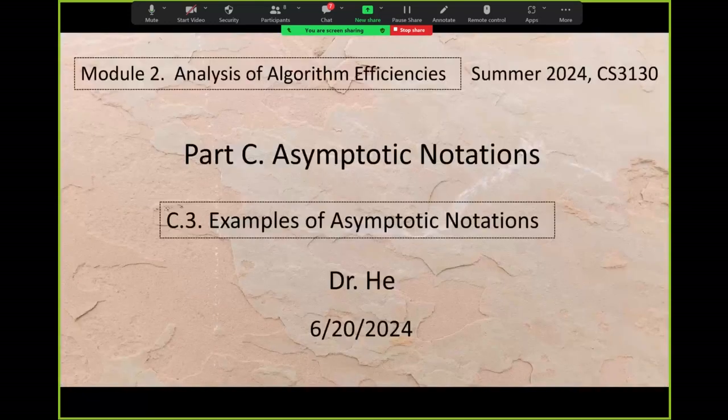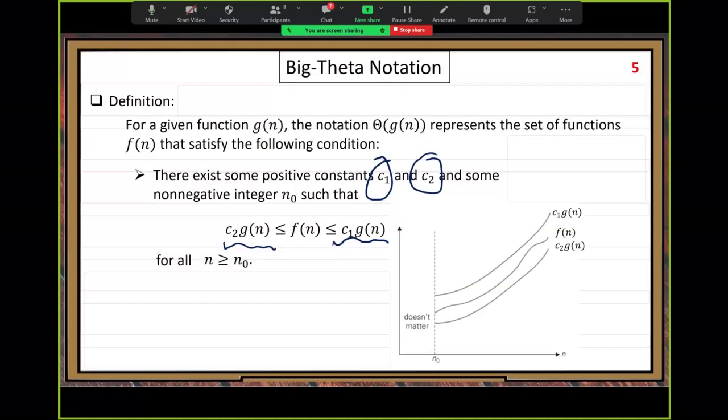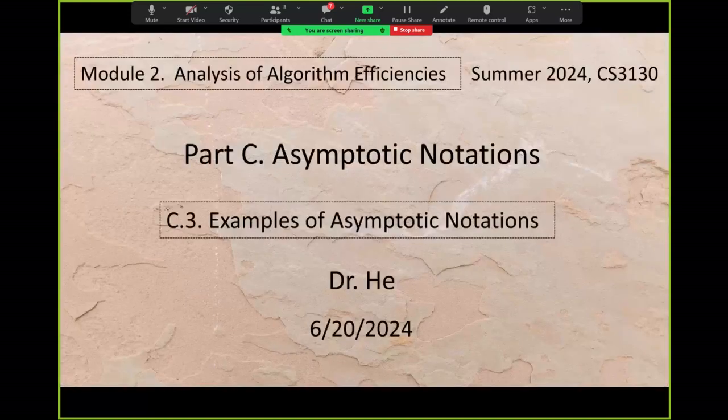So that's the definition part. Any questions about the definition? In order to understand the definition better, I want to give you a few examples. These examples also prepare you for our first homework assignment.